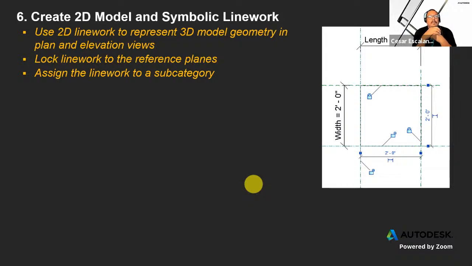In the case of the cabinets that we were going to create, the dashed line that appears to represent the shelf from an elevation, that's actually symbolic line work. That symbolic line work does not display in 3D, and it's only visible in the projection view that you choose to assign it to.